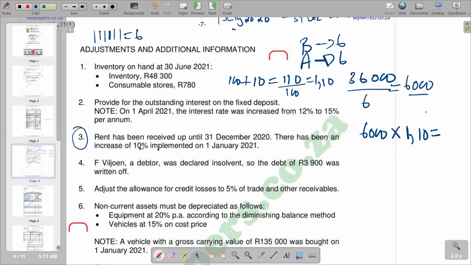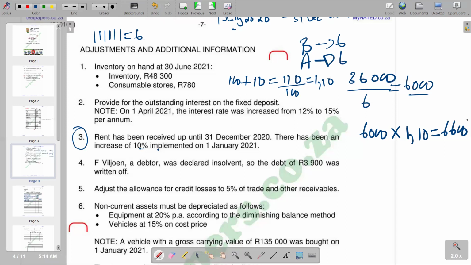Let's see what we get. So you are going to get your amount is 6,600. So we have 6,600 as the representation of after the increase.